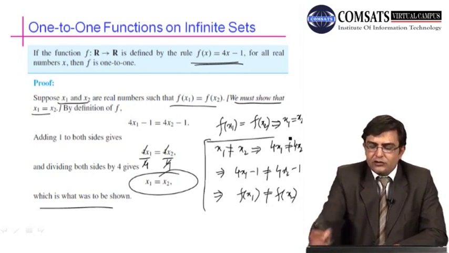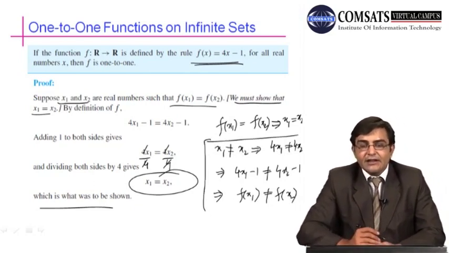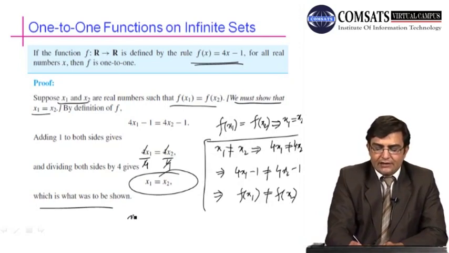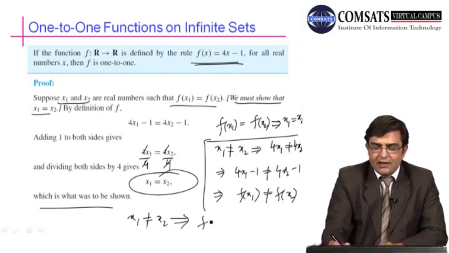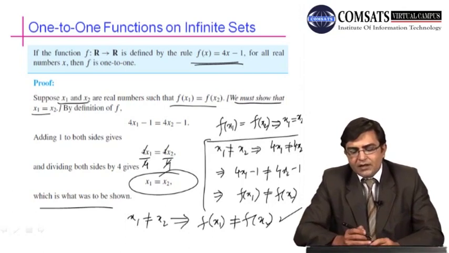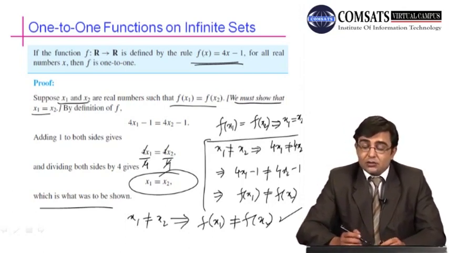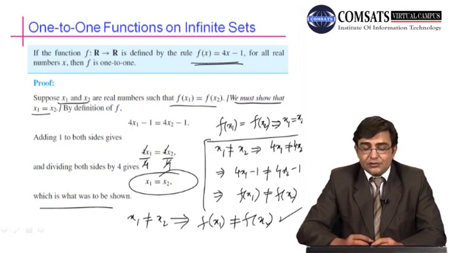Here we have used the alternative technique, in which we suppose that x1 is not equal to x2, and we have arrived at f of x1 is not equal to f of x2. So therefore this function is one-to-one.